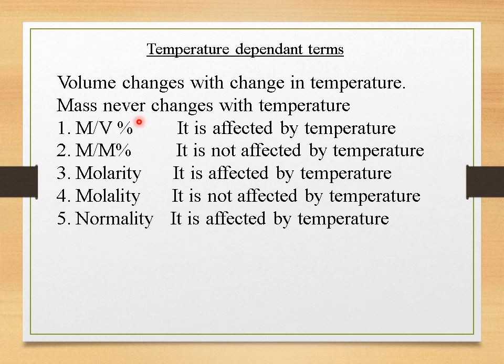For example, we had done mass by volume percentage, which is the mass of the solute by the total volume of the solution. Obviously, since volume is involved, it is affected by temperature. Mass by mass percentage has masses in both, and masses never change, so it is not affected by temperature.